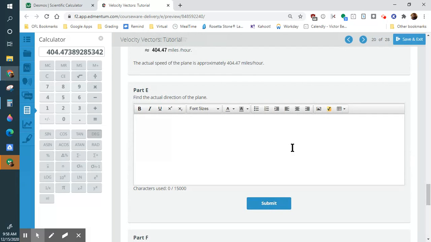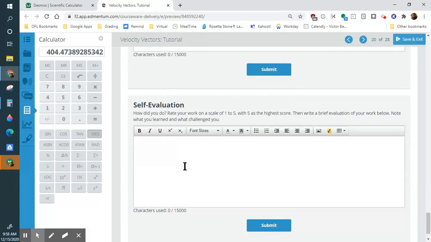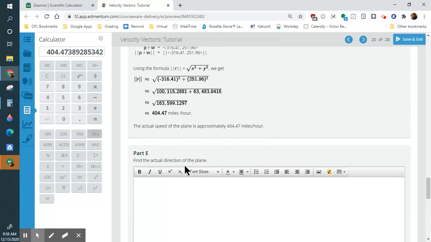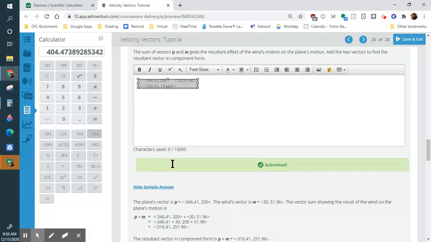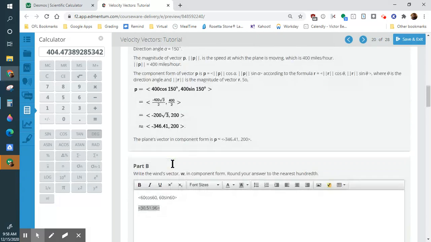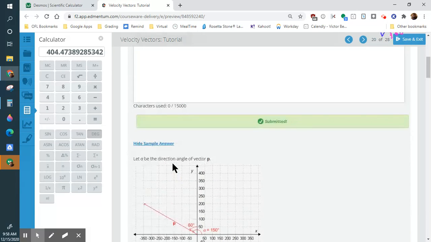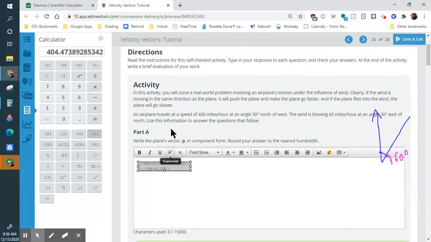Okay, so in order to do this, we're going to have to do the magnitude. And so our magnitude is 404.7. And we need to multiply this by, what was it? What's the overall direction?